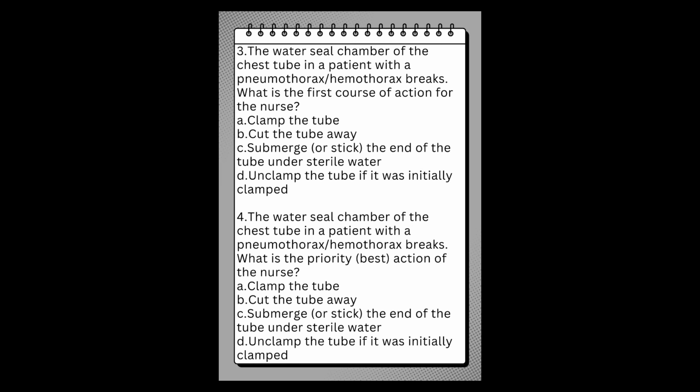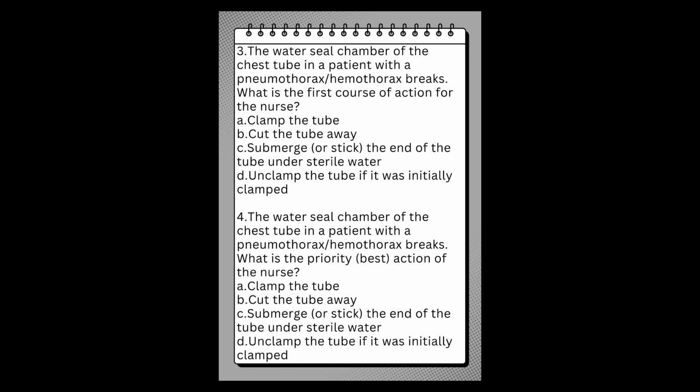B. Cut the tube away. C. Submerge the end of the tube under sterile water. D. Unclamp the end of the tube if it was initially clamped. For what we've discussed, what are the steps? Clamp, cut, submerge, unclamp.